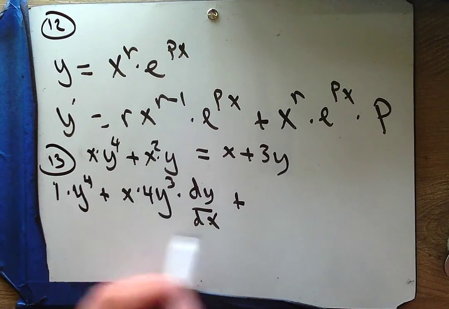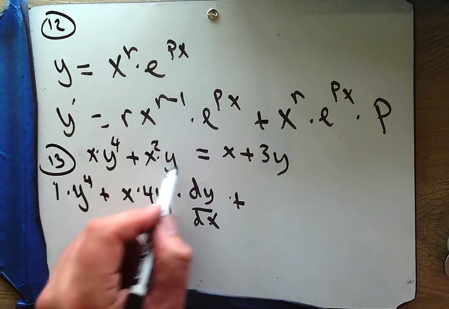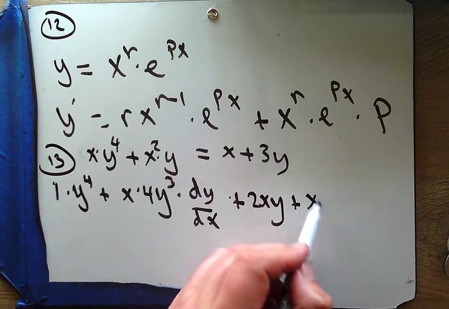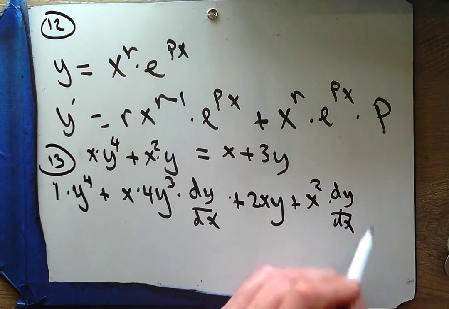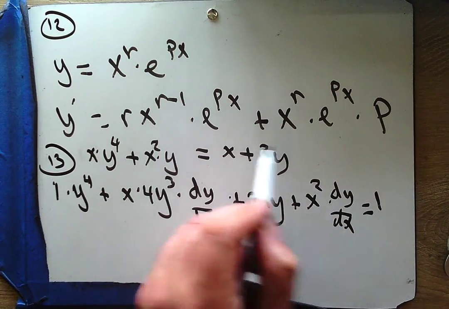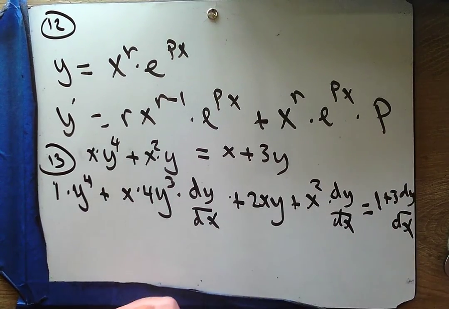Plus, so all of this is the derivative of now our plus sign. And now another product rule, 2xy plus x squared times the derivative of that with respect to x, equals the derivative of that is 1, and the derivative here is 3 dy dx.